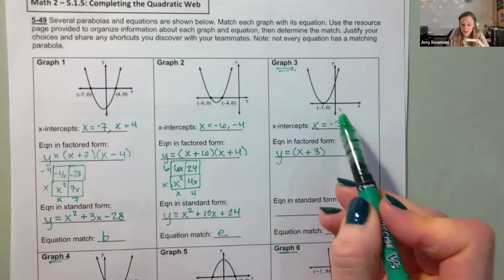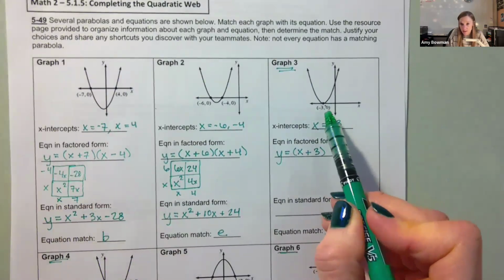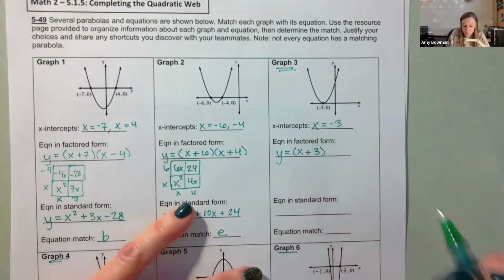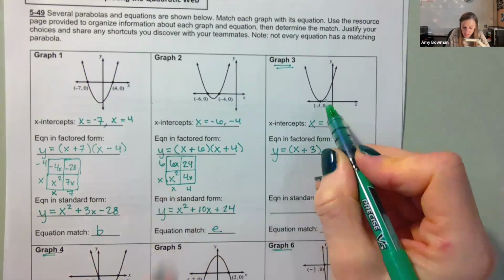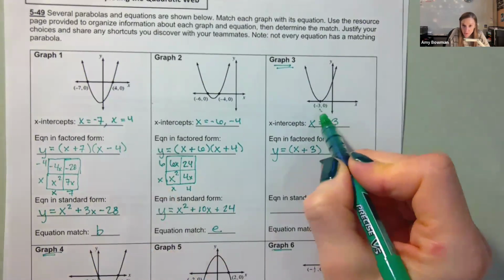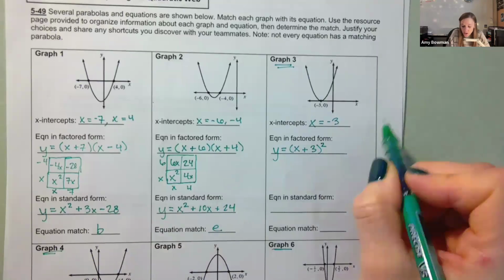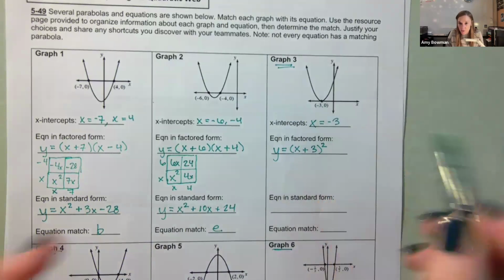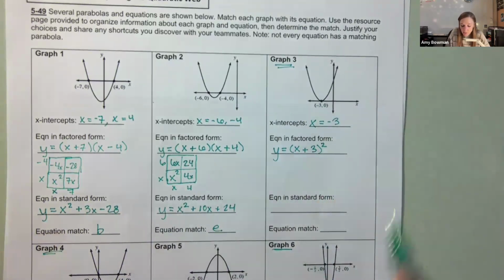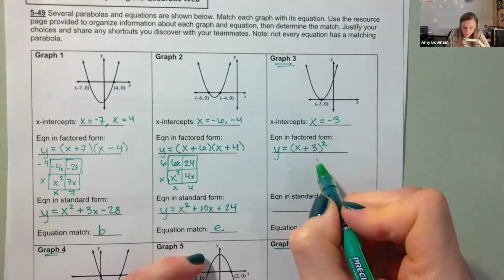So when you only have one x-intercept, that means the vertex itself is the x-intercept. And the equation for those graphs is always going to be x plus or minus, depending on what the actual intercept is, and then squared. So those are unique graphs because, like I said, the vertex itself is the only x-intercept. So that's where we see x plus 3 squared, and now we know that that's definitely a quadratic function.